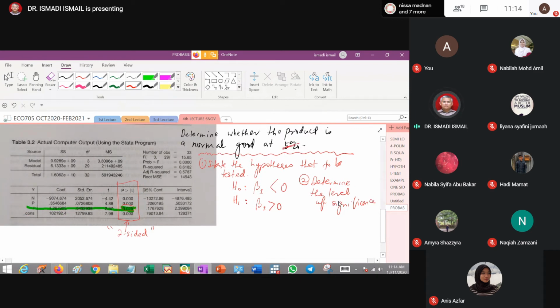Okay, let's say not 5%, 1%, at 1%. So alpha here is 1%, which is equivalent to 0.01.